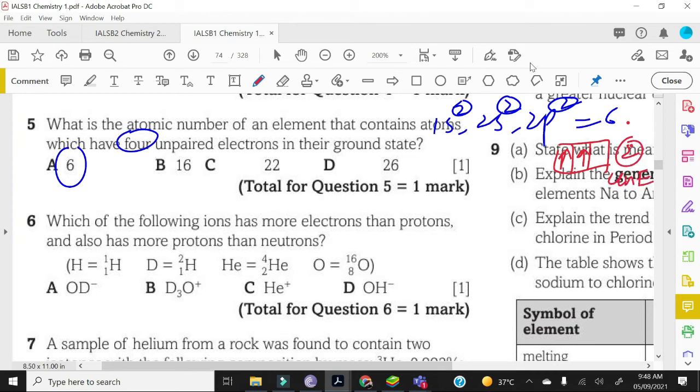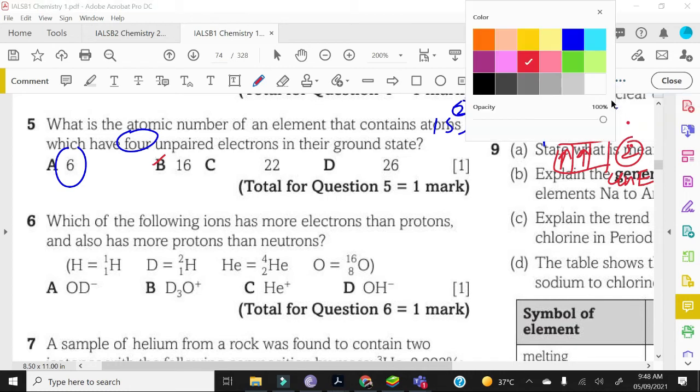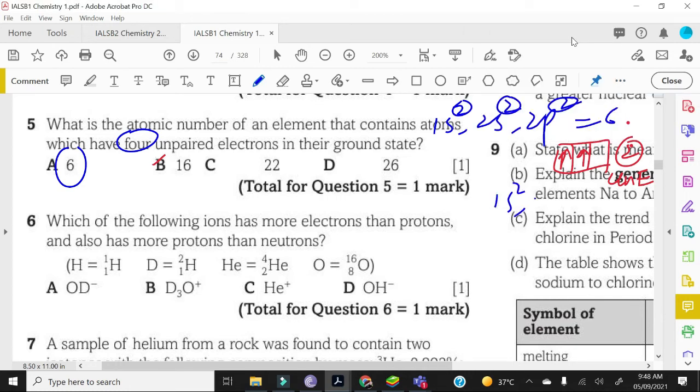Okay, let's talk about B. The configuration for B is 1s2, 2s2, 2p6, 3s2 and 3p4.